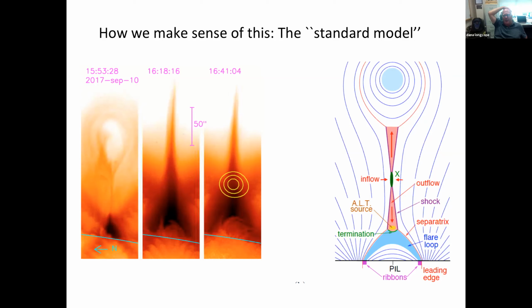When you reconnect a field line, it shoots out of this little narrow jet and sucks stuff in, and stuff has to take its place. That's just as simple as that. You snap this stuff out, and you snap it out because the magnetic field line you've created is strongly bent, I don't show it here, and therefore has to retract under magnetic tension very rapidly at the Alfvén speed in these models.